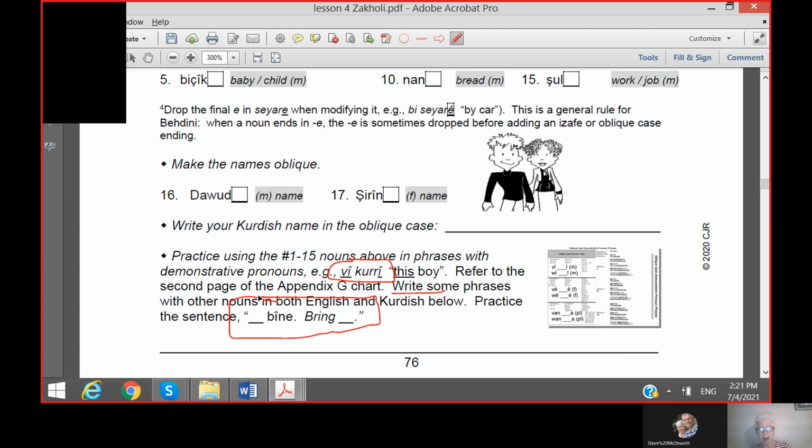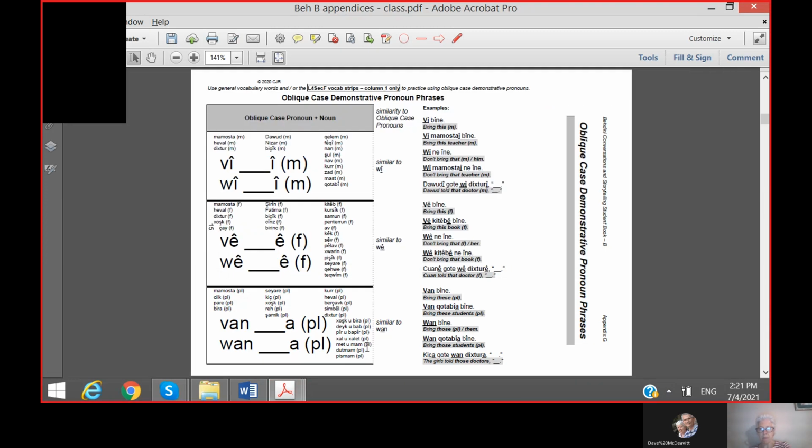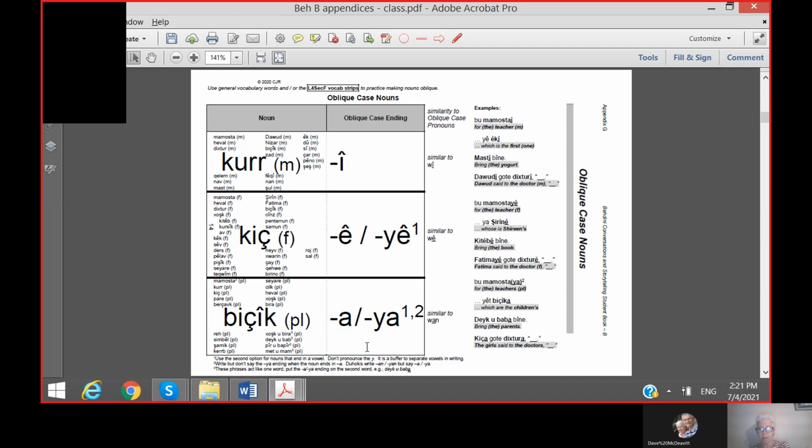Okay, so let's go look at Appendix G in Book B. That looks like this. It's on page 14 in Book B. And you have the oblique case endings here in this column.